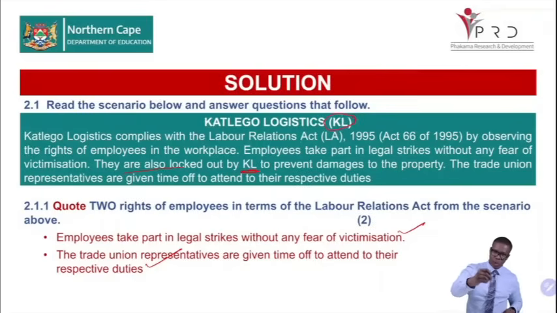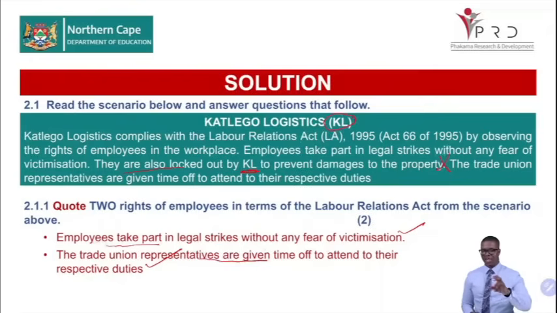Therefore, there's no way that this can be quoted as the employee's right, because the aim is to distract you as the learner from quoting, number one, employees taking part in a legal strike, number two, the trade union representatives given time off. The representatives are the employees of the business, so they are the members of the trade union. So they have the right to go and represent other employees.